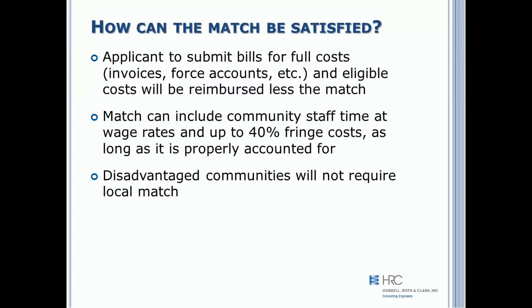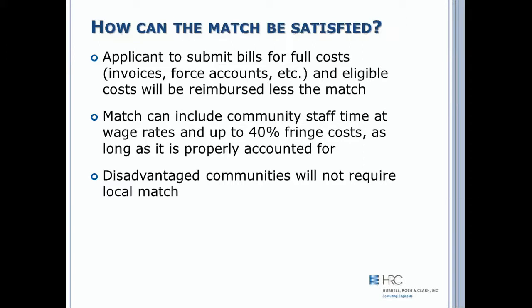How can the match be satisfied? Well, the first way is you will turn in your reimbursement request for the money if you've been given the grant, and the DEQ will reimburse you for 90%. You can either pay that through cash, or you can actually match that money through community staff time, again, at standard wage rates plus a 40% fringe cap max.